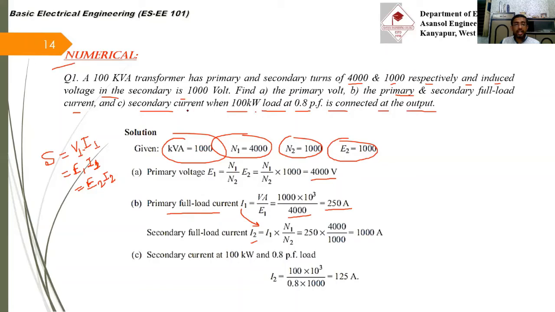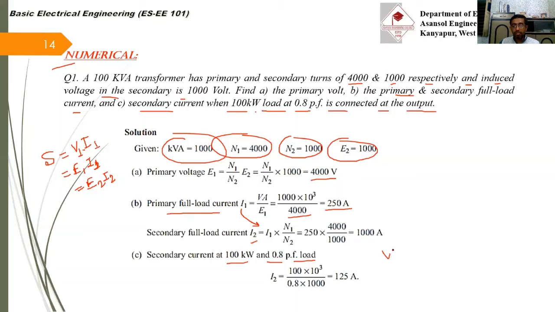Now, what is the secondary current when a 100 kilowatt load at 0.8 power factor is connected at the output? 100 kilowatt at 0.8 power factor. That means this one is active power, and the power factor is given.